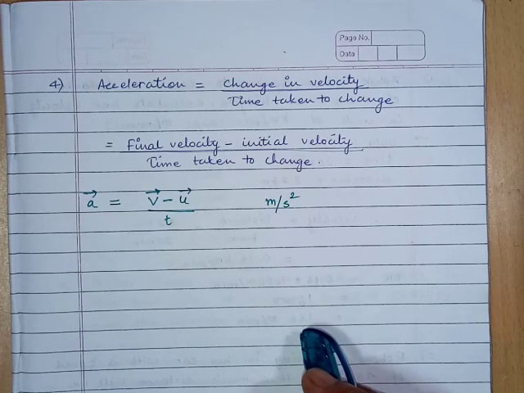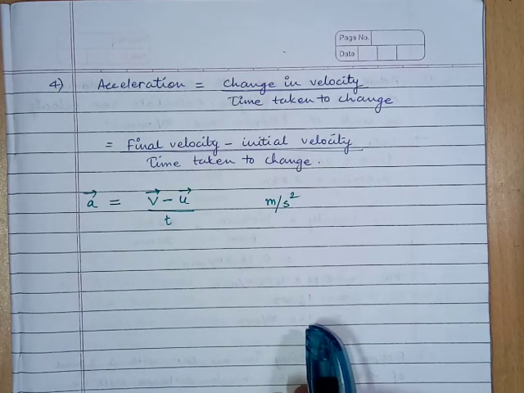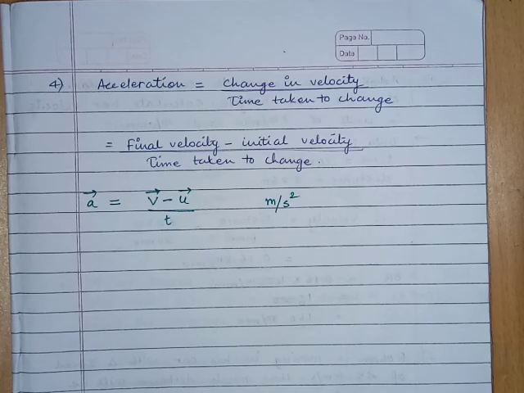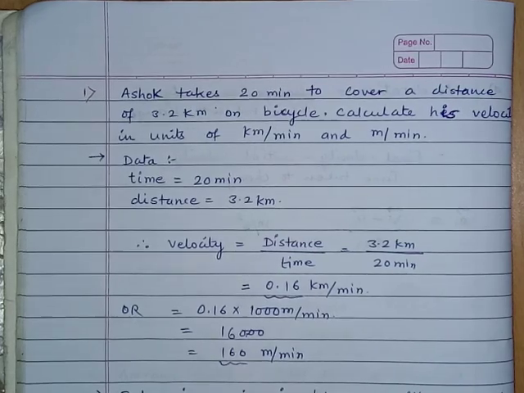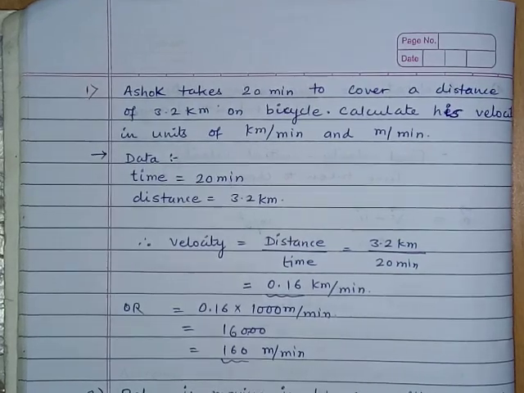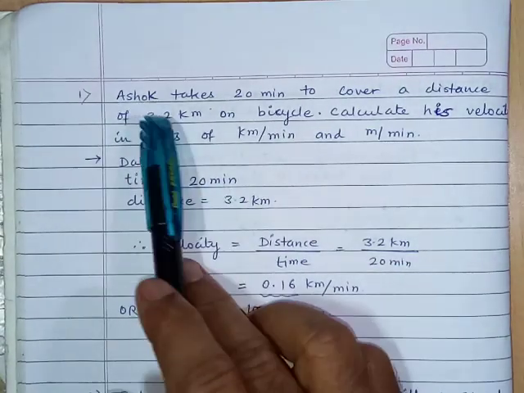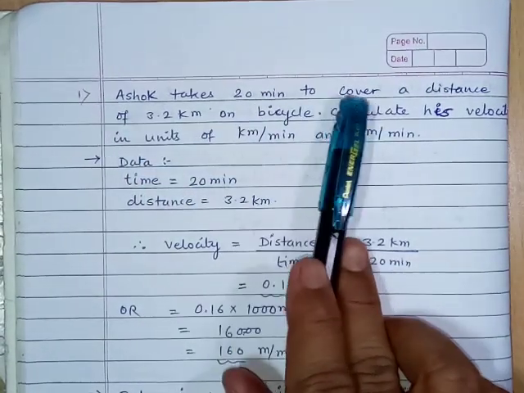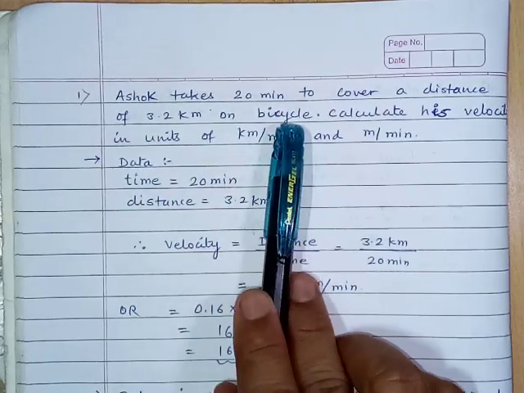So let us see some examples, some numericals, so that we can have a clear-cut idea about the concepts involved. Let us take a first look at this particular problem which has been given over here. The problem is like this: Ashok takes 20 minutes to cover a distance of 3.2 km on bicycle.